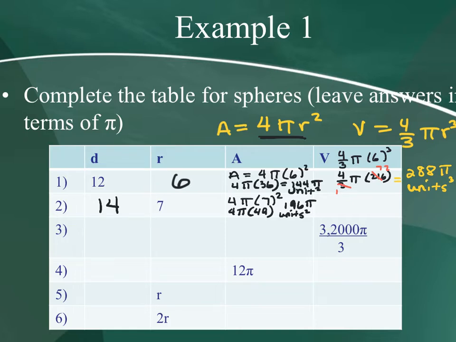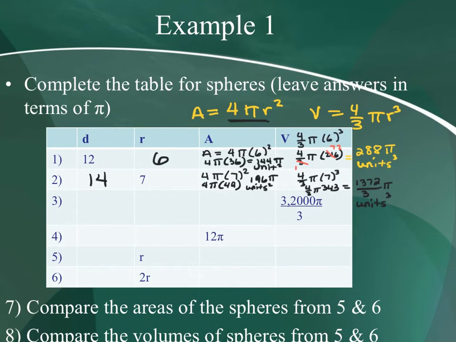For the volume formula, 4/3 pi 7 cubed. 7 cubed is 343. So I'm going to multiply that by the 4/3 pi. Now, 3 will not go into 343 evenly, so I'm just going to multiply. I'm going to multiply 4 times 343, and I get 1,372 over 3 pi, and these are units to the third power.